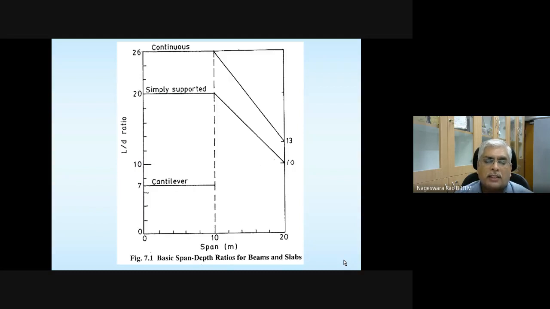Page 37, for cantilever for basic span up to 10 meters, what is the span to effective depth ratio given in the code? That is 7. And for simply supported beam up to 10 meter span the limit is 20, and for continuous beam the limit is 26.